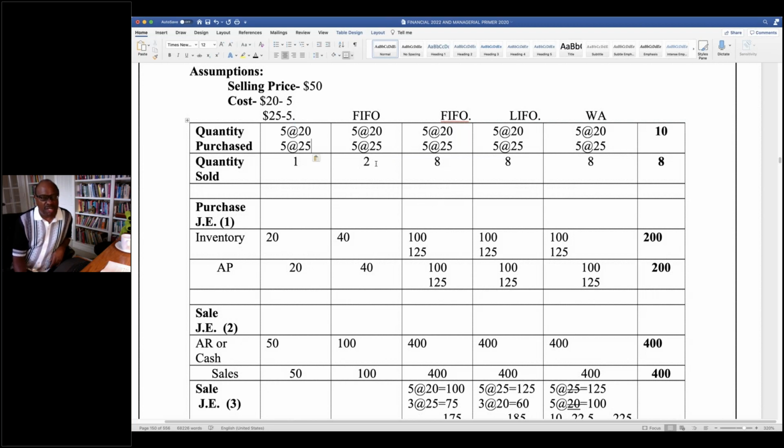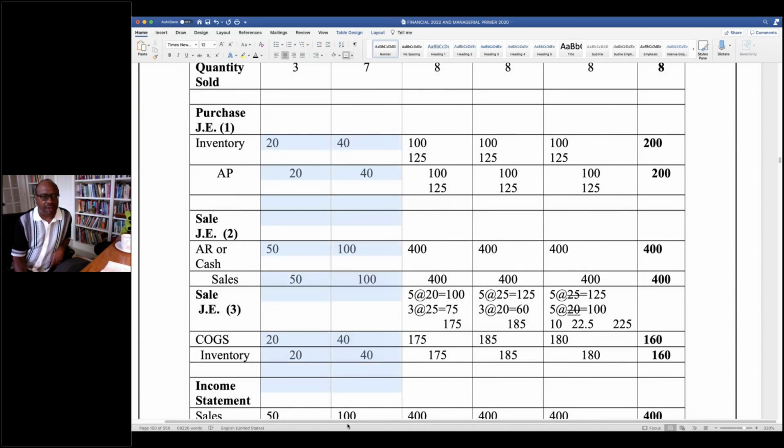Okay, so what I want you to do is go through and fill this out. In the first case, you sold 3. In the second case, you sold 7. So I'm going to clear all of this out.